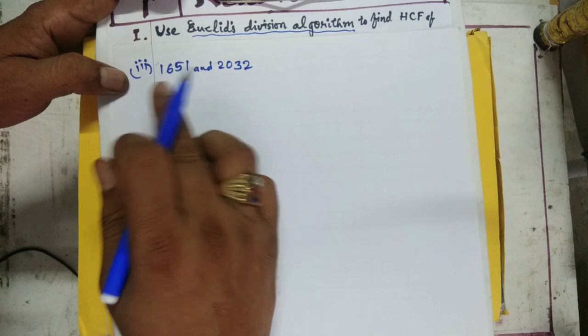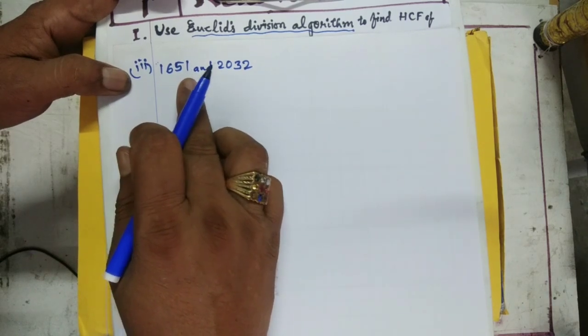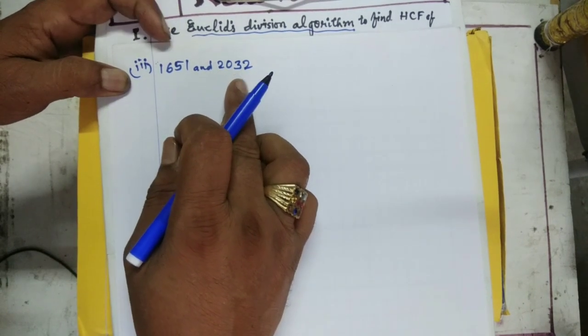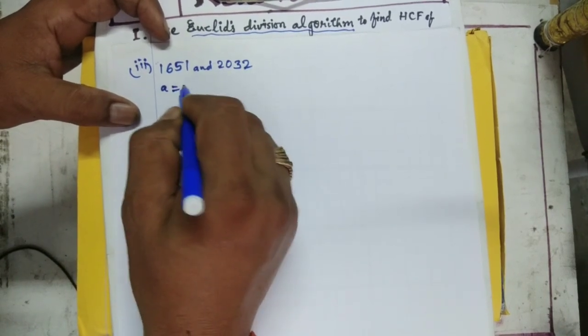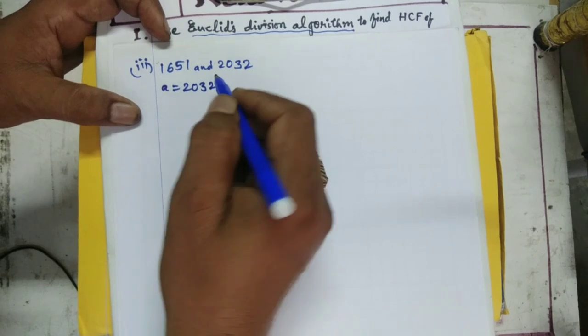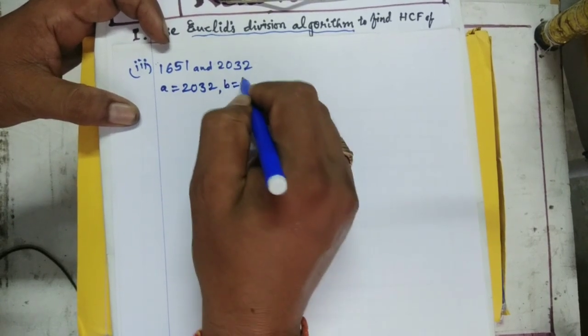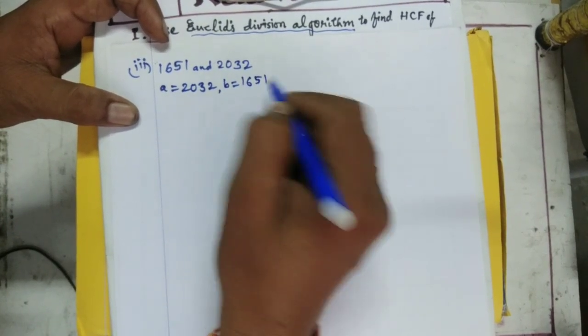Third problem, HCF of 1651 and 2032. Here a is equal to 2032, b is equal to 1651.